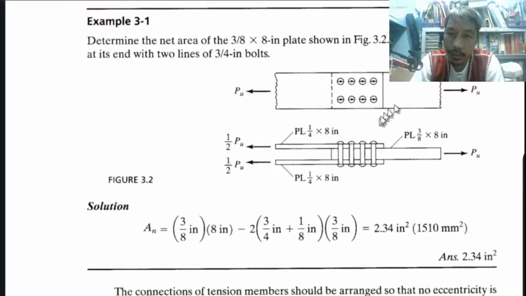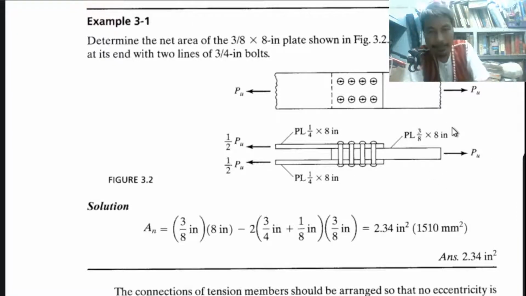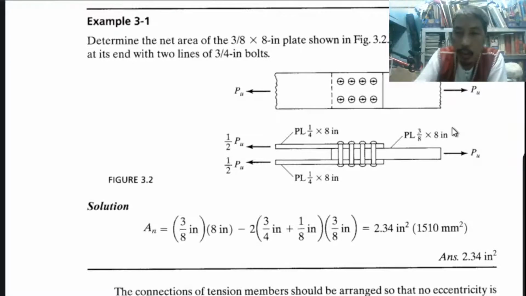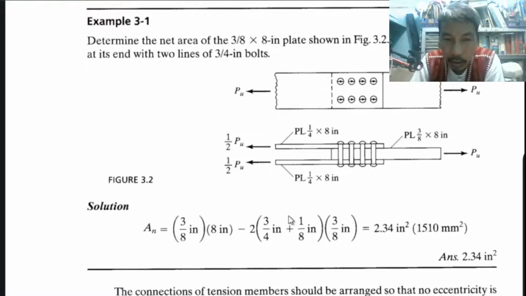So we have to make sure that the weakest line is enough to support resistance to failure. Therefore, we only need to subtract 2 holes.